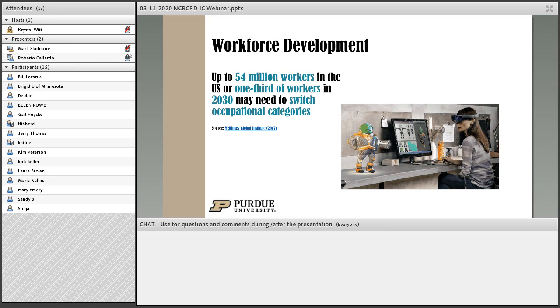Not all of them will require a broadband connection and digital skills, but I'm guessing at least more than half of these will require this infrastructure and these skills to be able to shift their occupations and reskill and so forth. So there's a tremendous workforce development implication.